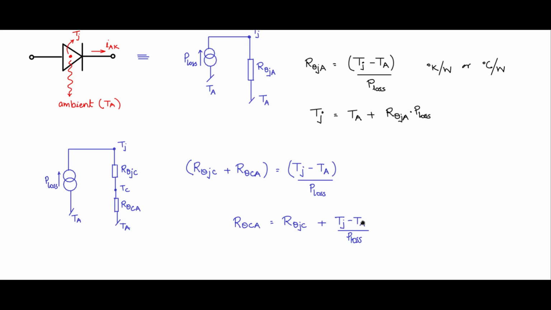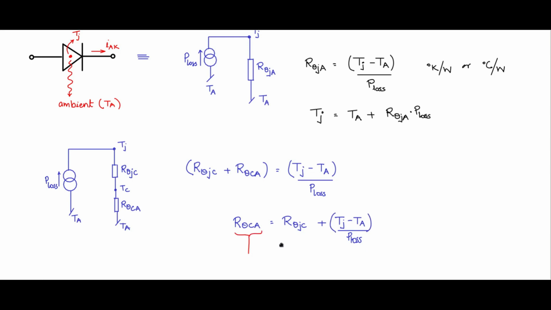T ambient is known from specification, maximum 50 degrees centigrade. P loss is estimated from the electrical parameters. Tj is a design parameter, normally you will say 120 degree centigrade max. R thermal Jc is obtained from the data sheet of the diode, junction to case. Then you can estimate what should be the thermal resistance from case to ambient, and then you can use that value to choose a heat sink which has a lower value of thermal resistance than what is calculated.